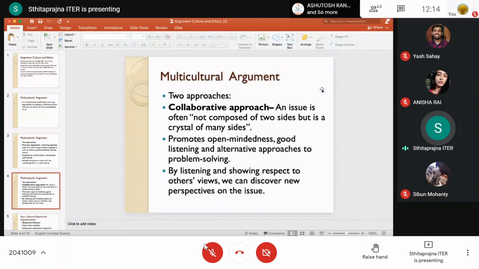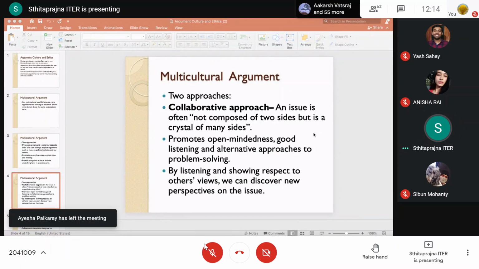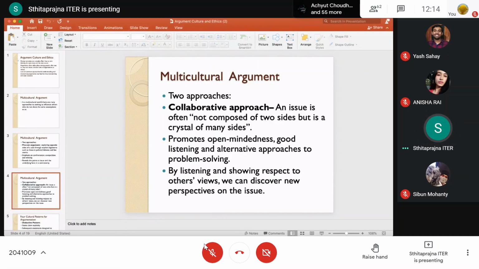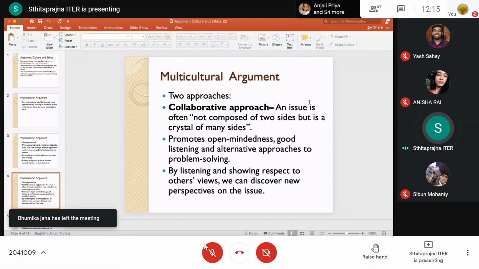So these are the two approaches to a multicultural argument. One is the pro-con argument approach, and the other one is collaborative approach. So the collaborative approach promotes open-mindedness because the objective is to resolve an issue.